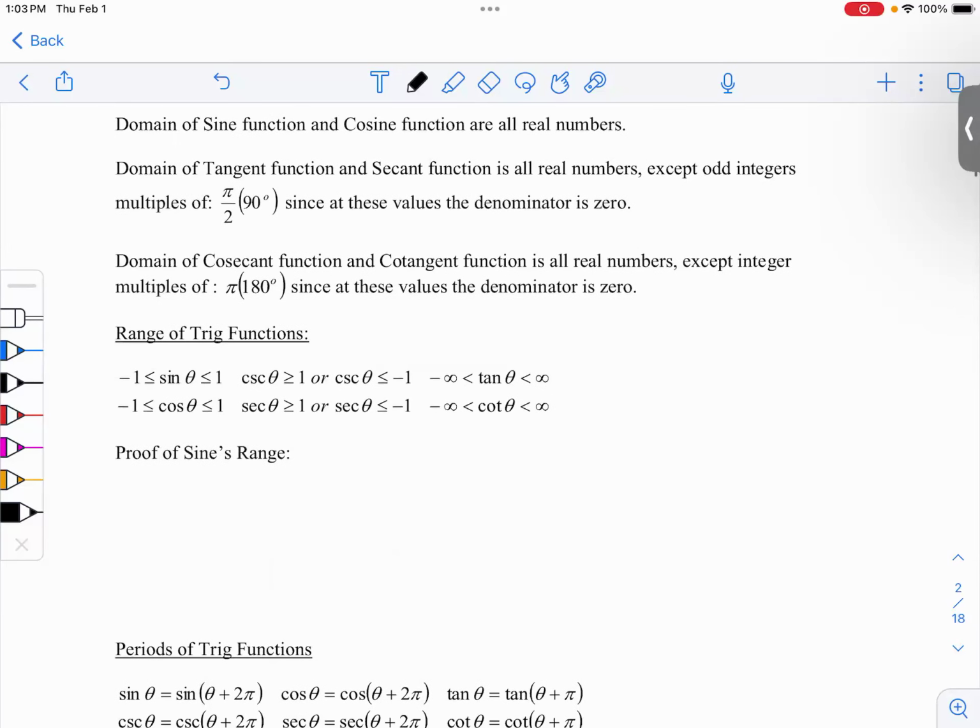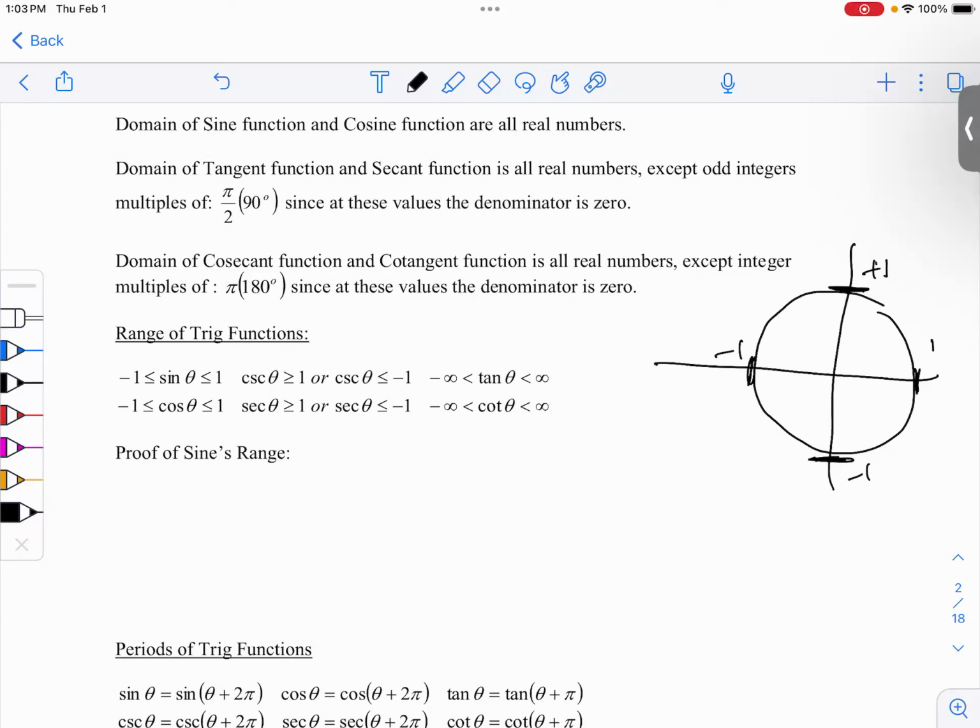And so sine and cosine will always range between -1 and 1. The concept there is that with our unit circle, since it has radius 1, it'll always be 1 at the furthest points. And so x, which is cosine, ranges between -1 and 1. Y ranges between -1 and 1.